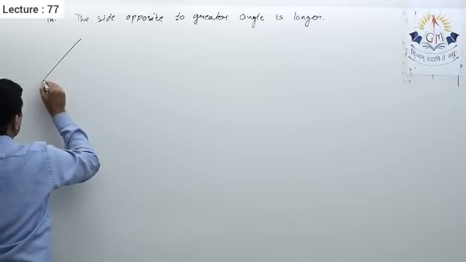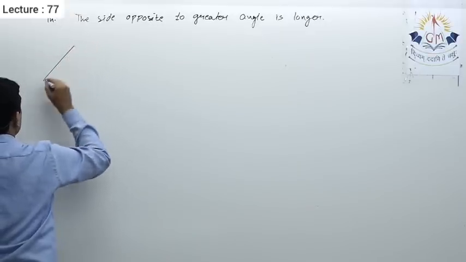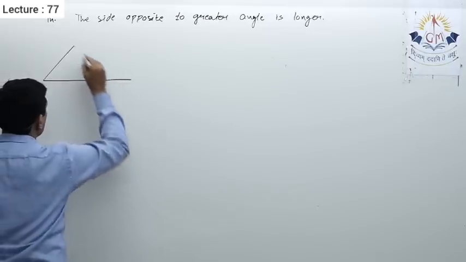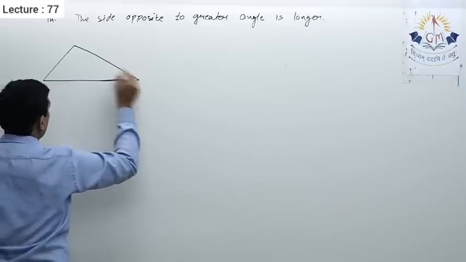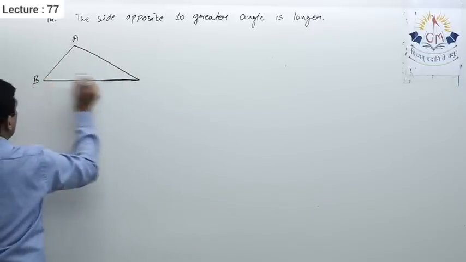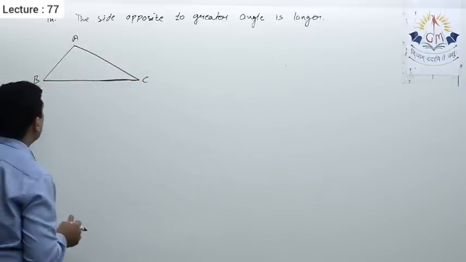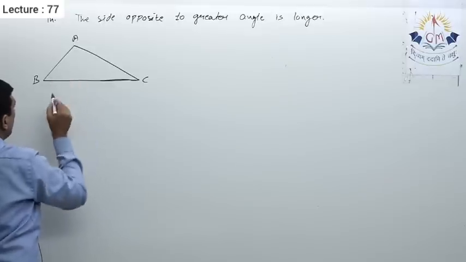So this is the triangle ABC. Side opposite to the greater angle is longer.